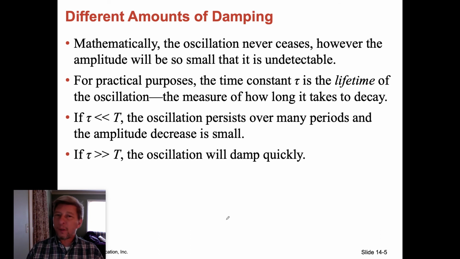However, if the period of the oscillation is very small, like in the second case here, then the value of tau will be much, much larger, and therefore the swing or the oscillation or whatever it is will dampen very, very quickly. Okay, so bigger period things will undergo many more oscillations. Very small period oscillations will damp very, very quickly.